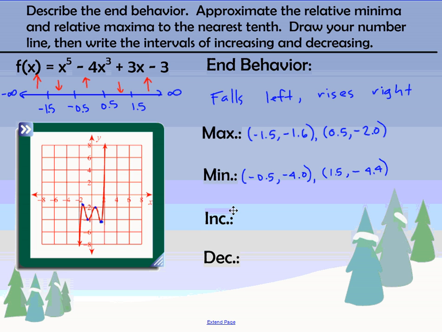The last step is to put in my increasing and decreasing. My first increasing is from negative infinity to negative 1.5. My next one is from negative 0.5 to positive 0.5.